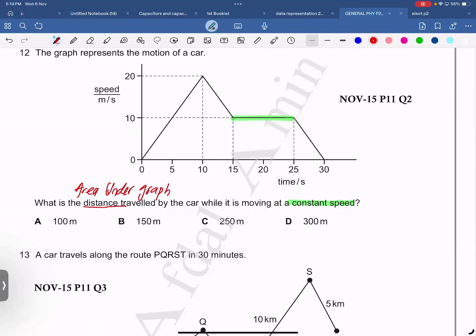So the area under the graph is this region. This is a rectangle. The base of the rectangle is 25 minus 15, which is 10. The height of this rectangle, you can see from the y-axis, is 10. So the area will be 10 multiplied by 10, which is 100. So the area under the graph gives you the distance traveled, which is 100 meters.